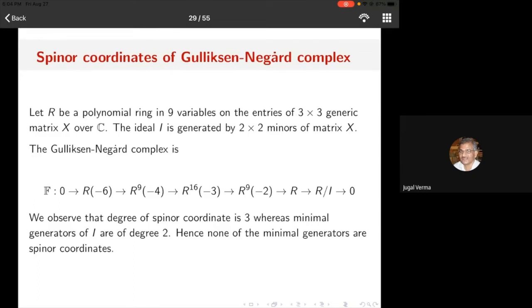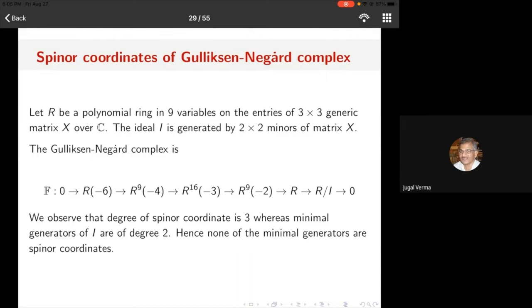So this forces the Spinor coordinates to be linear combinations of the minimal generators of the ideal. So this behavior of the Spinors classifies the grade 4 Gorenstein ideals with up to 8 generators; from 9 generators onwards, the behavior of the Spinor coordinates is different.